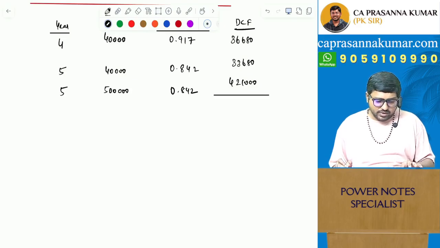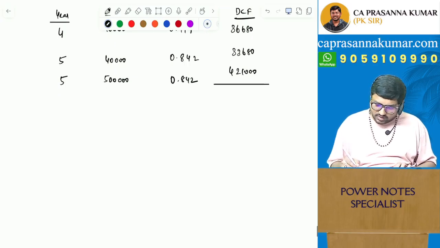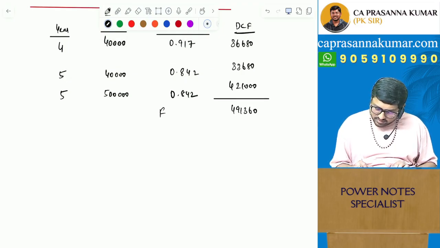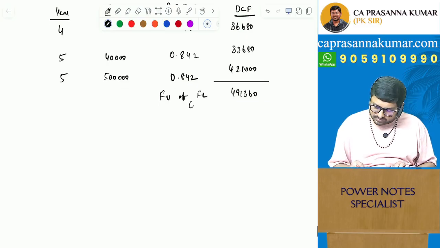So 4,21,000 plus 33,680 plus 36,680, 4,91,360. This is the fair value of the financial liability component.